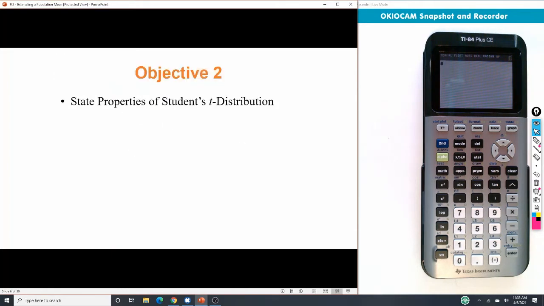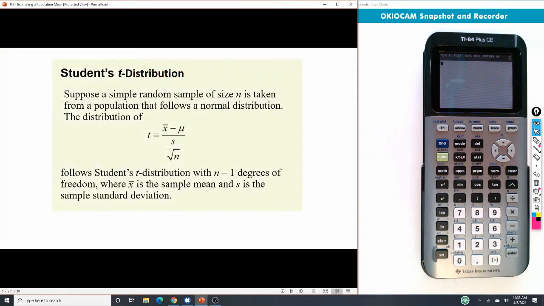All right, so the t distribution. Suppose a simple random sample of size n is taken from a population that follows a normal distribution. Then t follows Student's t distribution with n minus 1 degrees of freedom, where x bar is our sample mean and s is the standard deviation.